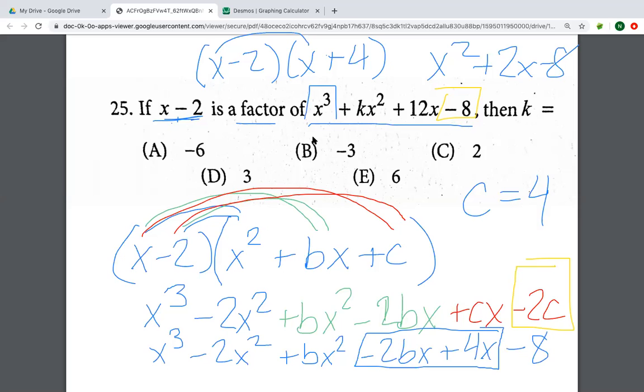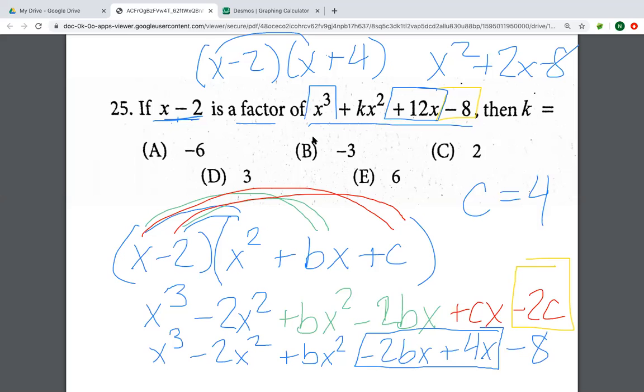the minus 2bx plus 4x, will give me 12x. So what does b equal then? 6. Not quite. You also have this 4x.